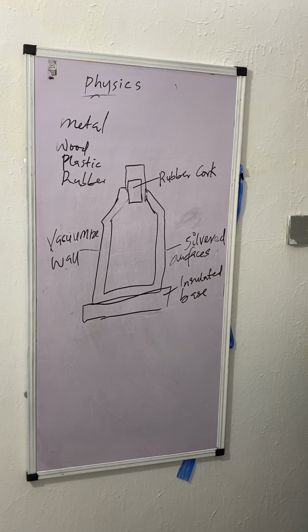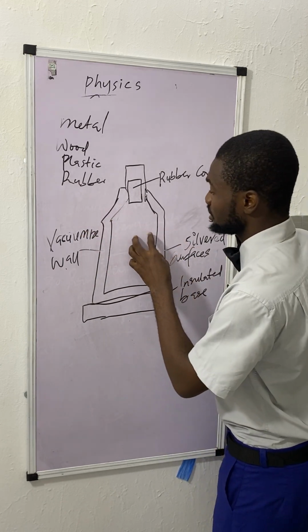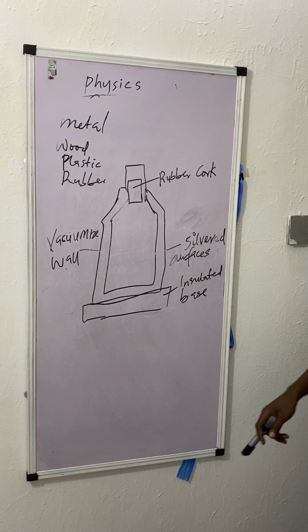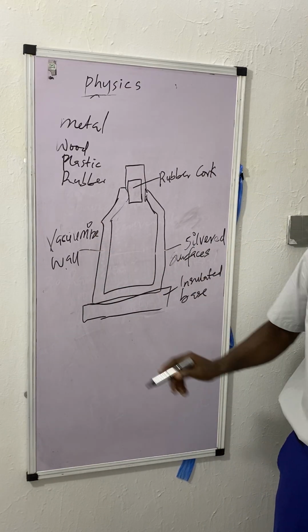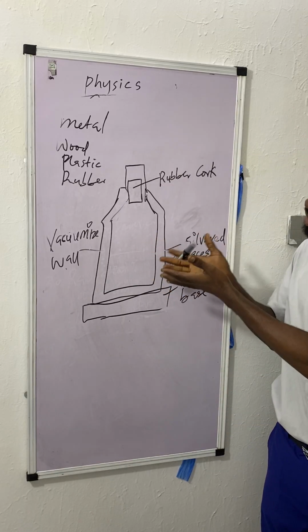So the thermal flask is used to prevent heat loss. You can put a substance here to preserve the heat content of the substance, or the particular temperature of the substance, for a long period of time. Remember that time when they put hot water inside a flask? That's the typical example of it.